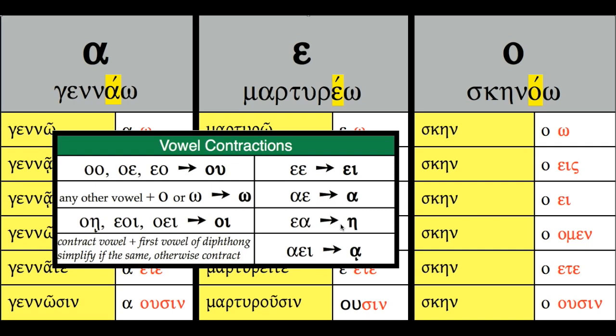And finally, let's apply the rules to an omicron contract verb here, skenao, I dwell. Okay, so we put the personal endings on, but we have this contract vowel sticking out, so we have these collisions. Omicron plus omega, our big bully rule applies here, it just becomes skeno, like this.